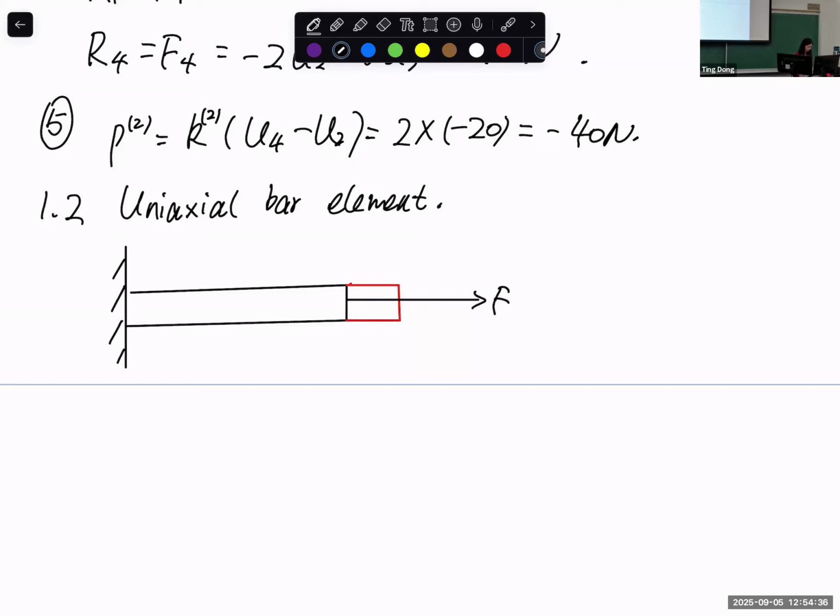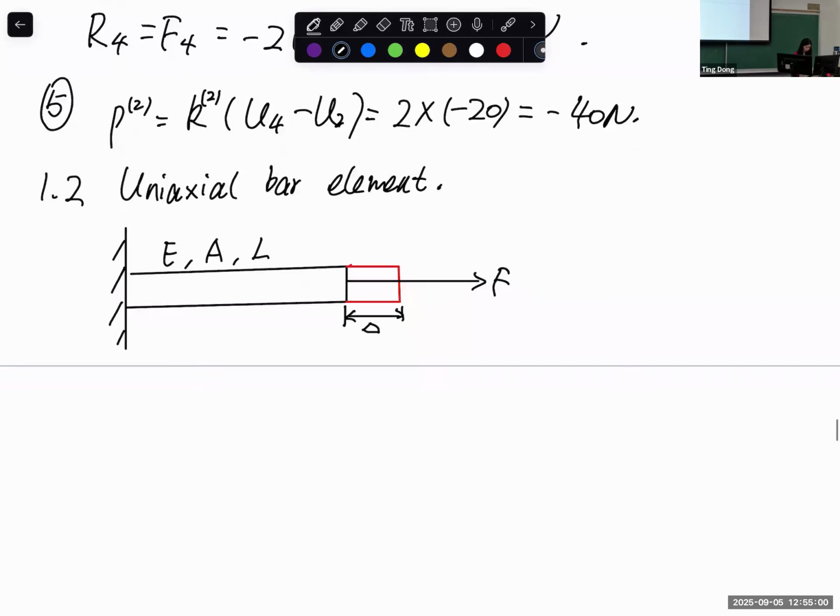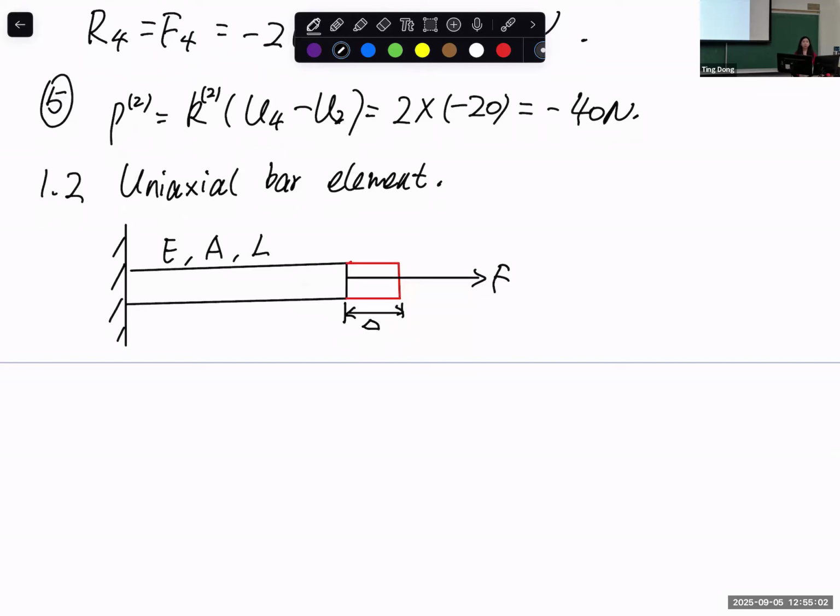For tension and compression, only the cross-section matters, and the length of the bar we put as L. We put the elongation again as delta. I'm pretty sure you learned in the previous class that this elongation delta equals FL over EA.